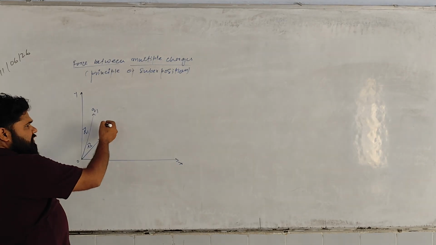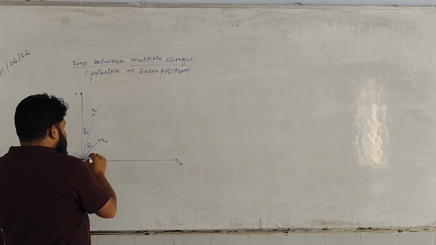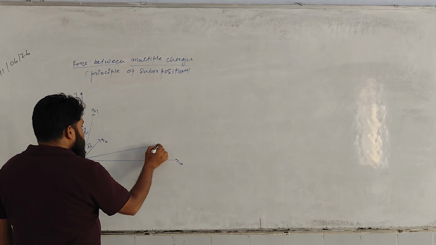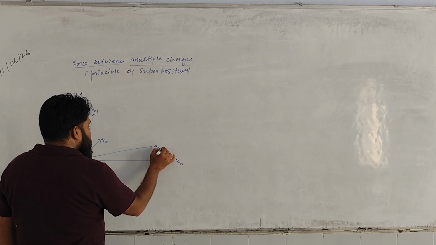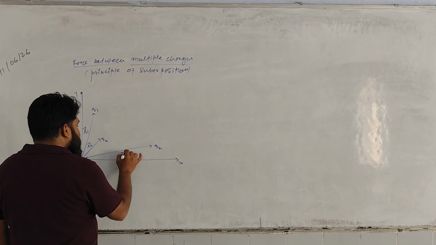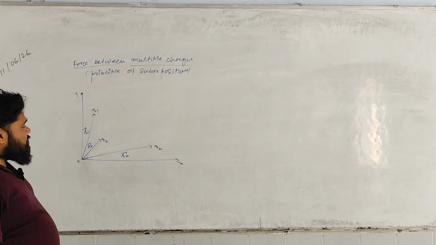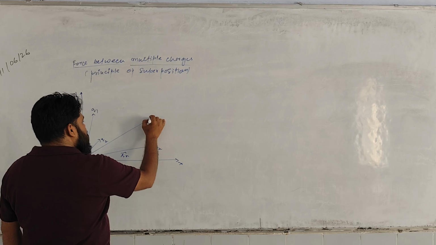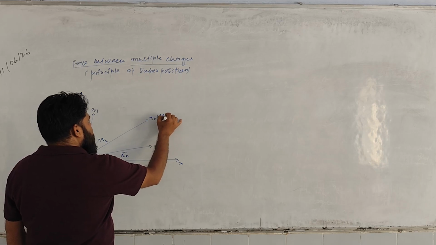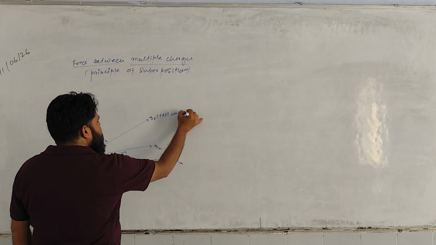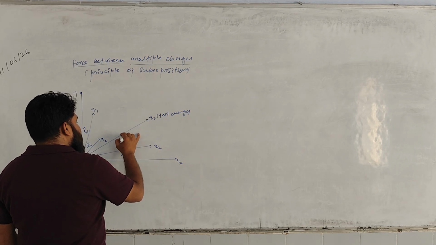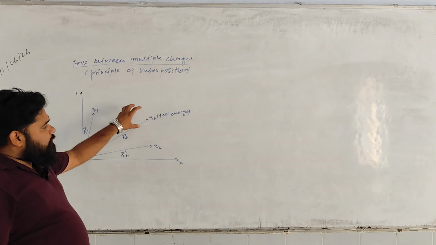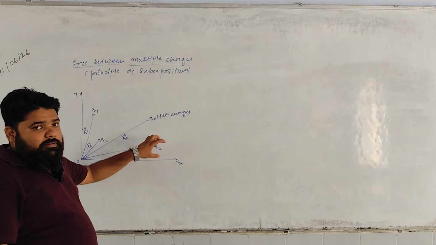There are many charges q3, q4, q5, q6, up to the charge qn at a position vector rn. Due to these charges we have to find the force on a charge q0, which can be assumed as a test charge, at a position vector r0.